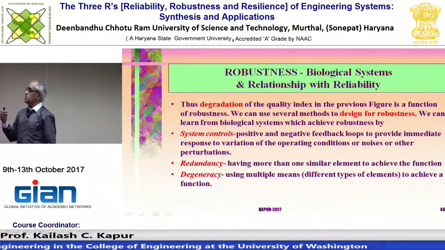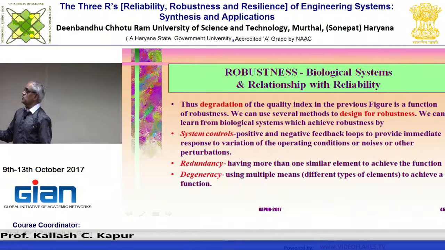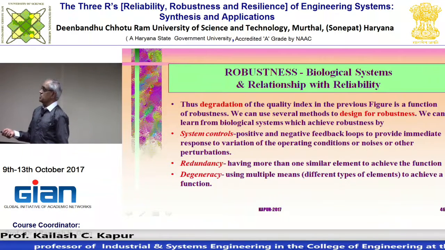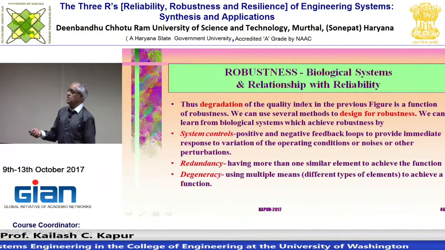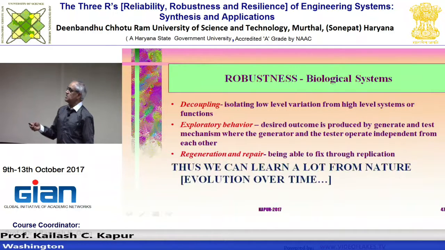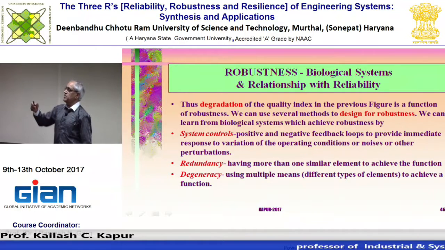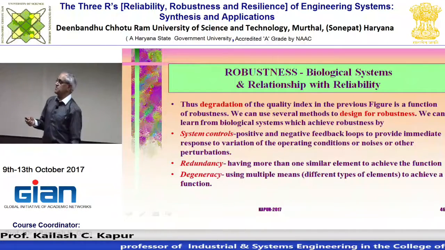And then another word is robustness. Robustness is borrowed from biological sciences. We say the degradation of the quality index is a function of the robustness. That means in the previous slide, if something degrades, that will affect the robustness of the system.